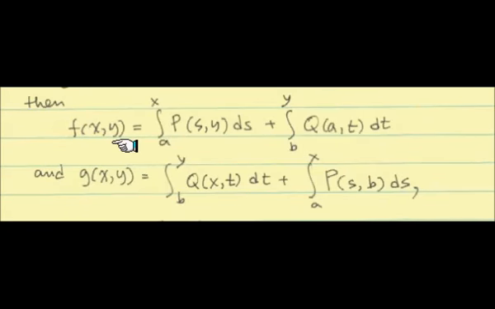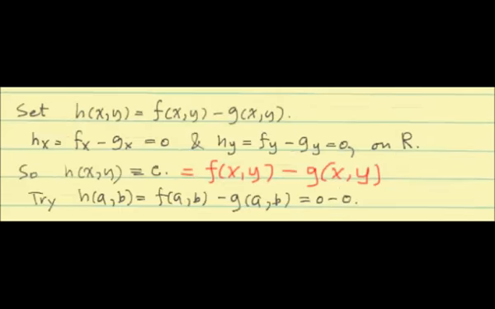If you plug in (a, b), a and a makes 0, and b and b makes 0. If you plug in (a, b) to g, then b and a picks up the 0 again. So these functions have 0 values. Therefore, 0 minus 0 makes it 0. So since this is supposed to be a constant function h, the constant we have here is 0. So this is identically equal to 0. So I'm going to add it in. So identically equals 0. So that concludes the proof.